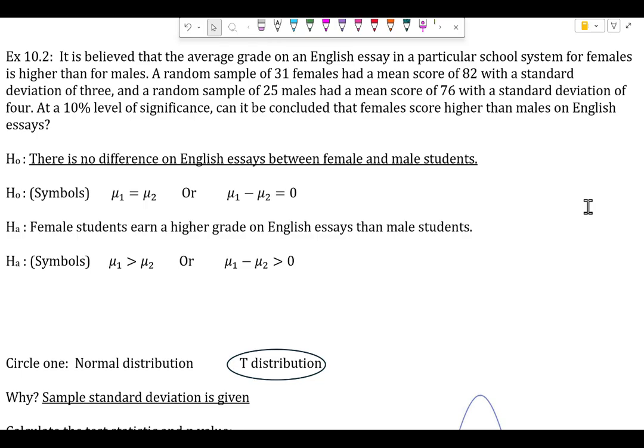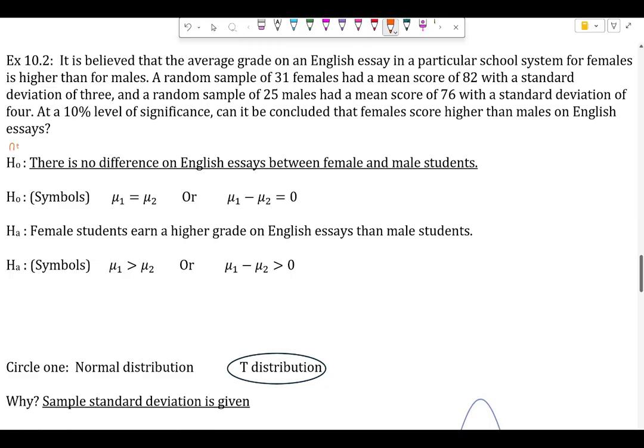All right, so we're dealing with a hypothesis test again. The two different hypotheses are the null and the alternative. The null, again, is the assumption of equality. So for the null hypothesis, we would write something to the effect of, there is no difference on English essays between female and male students.